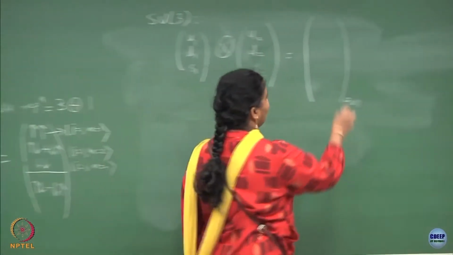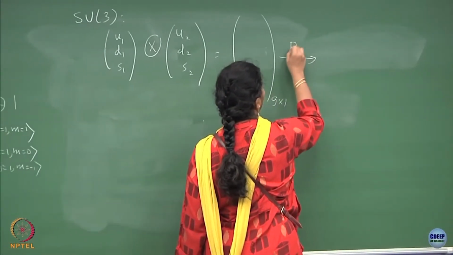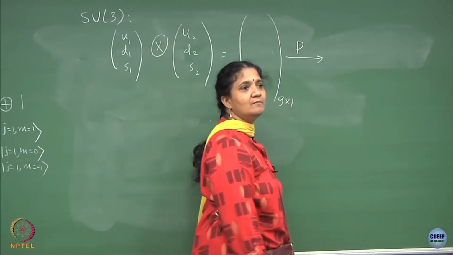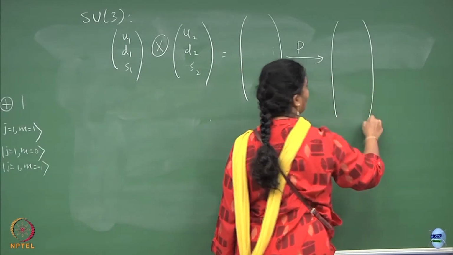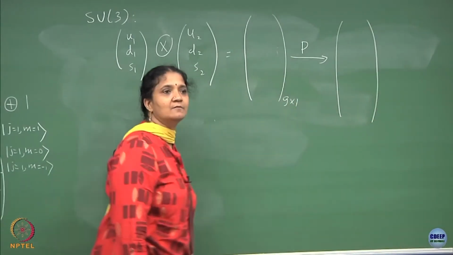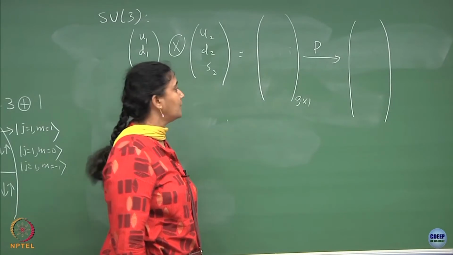And then you have again the projectors, which are the Clebsch-Gordan coefficients for SU3, which will break it up.